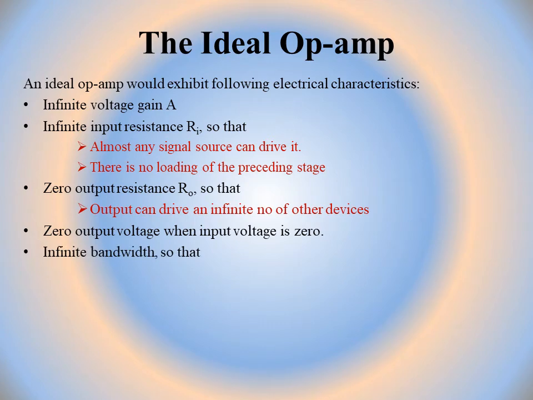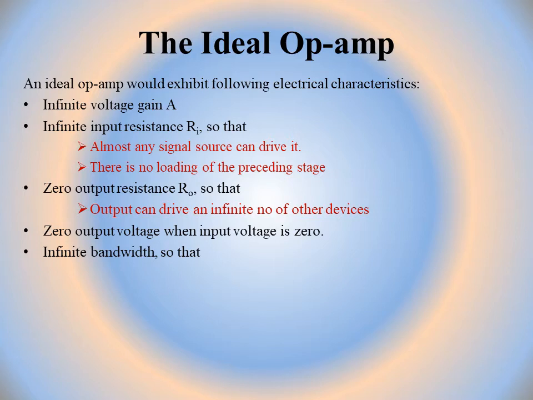Next is infinite bandwidth. An ideal op-amp should have infinite bandwidth. What do you mean by bandwidth? Bandwidth is the frequency range for which the gain remains constant.